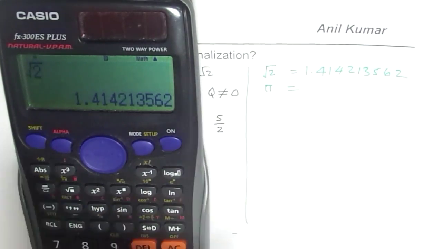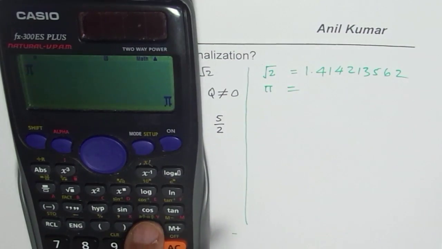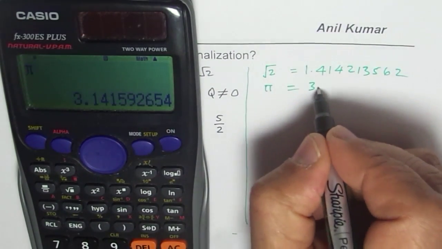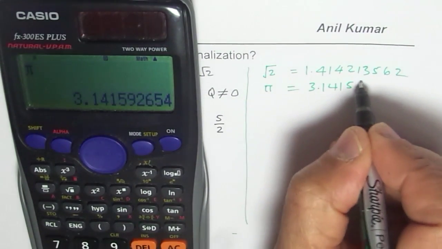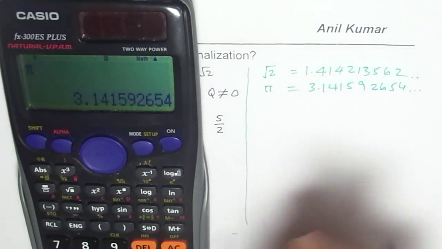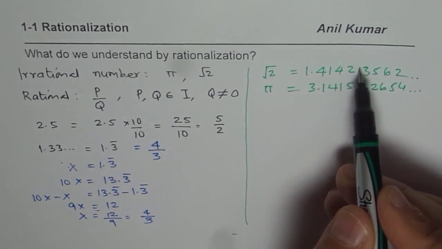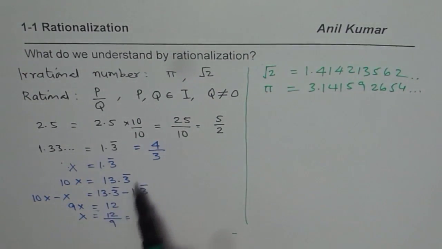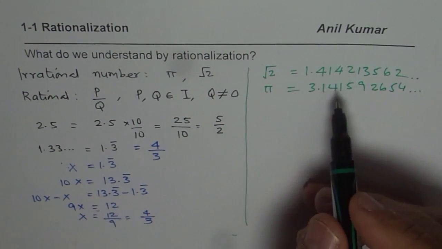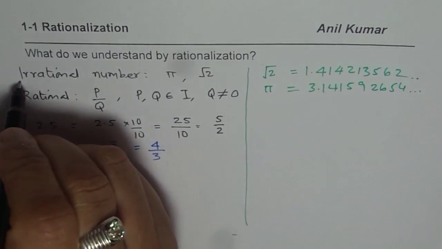Similarly, what pi is in decimal numbers is 3.141592654, and it just continues. What you notice here is that there is no pattern in which we could do this kind of calculation and write it as a rational number, right? So these are irrational numbers. That is why these are called irrational numbers.